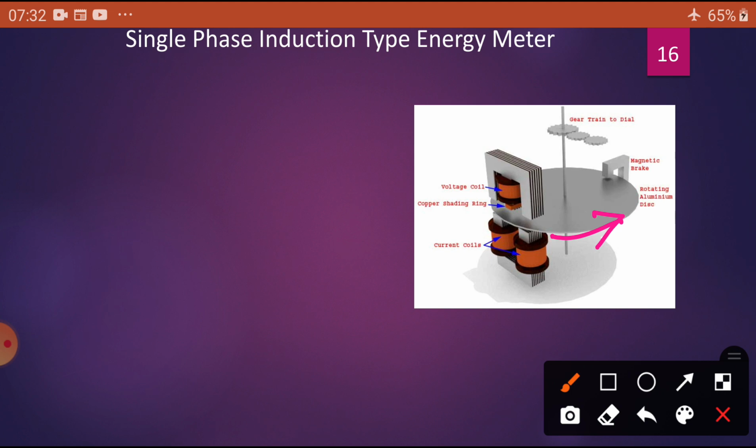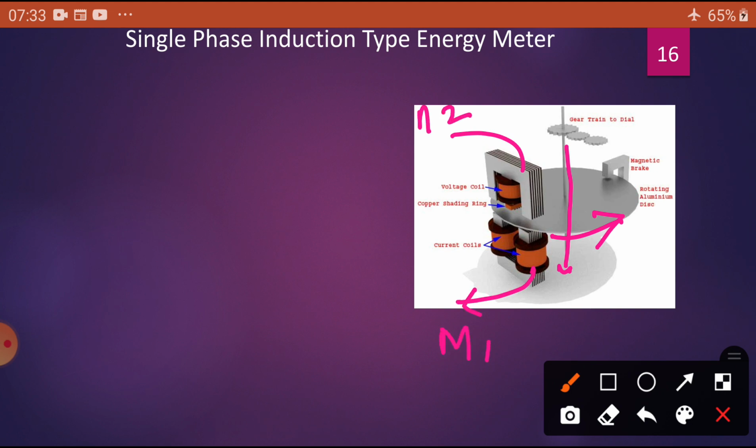The disc is mounted on a light alloy shaft. Just like you can see, one shaft is provided here. The lightweight shaft is placed in the air gap between the series and shunt magnets. You can see this is the shunt magnet, this is the series magnet, M1, M2.